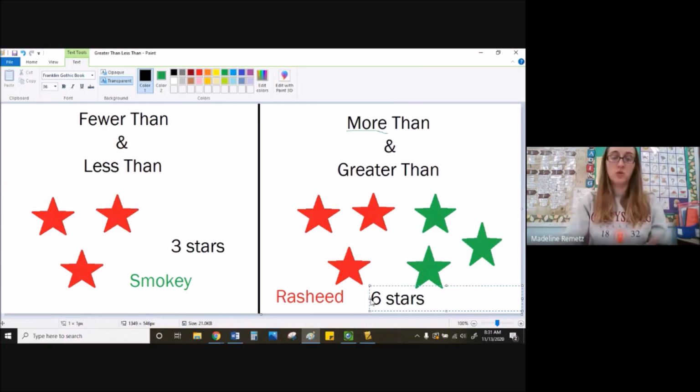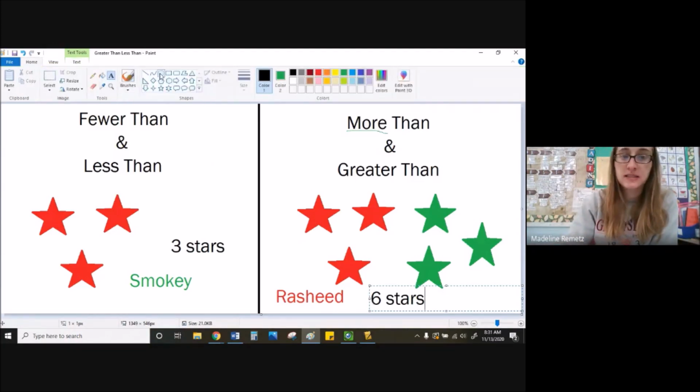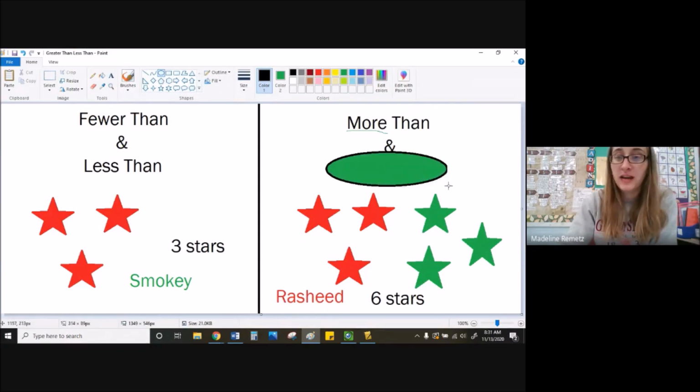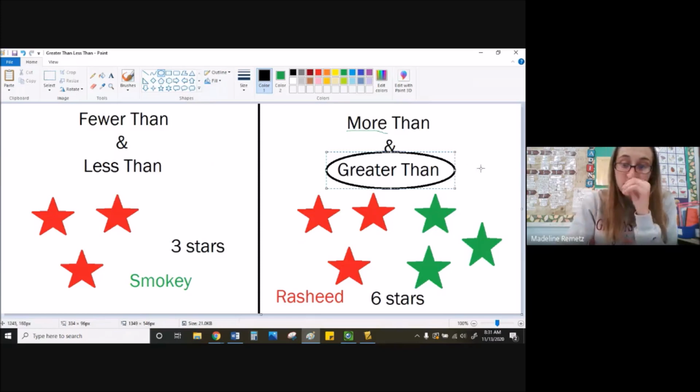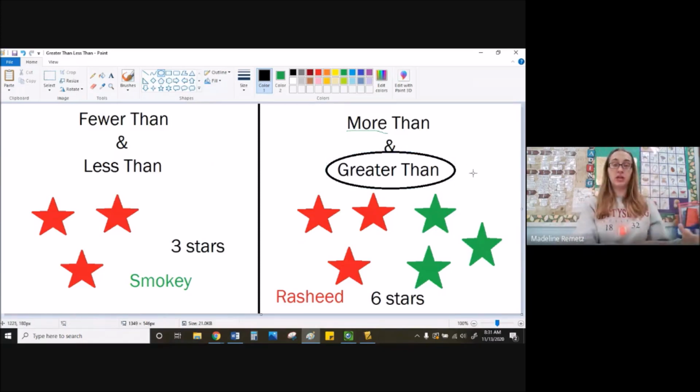Now we know that 6 is a bigger number, and that's why 6 is greater than, oops, sorry, did not mean to fill that one in. There we go. 6 is greater than 3, which is what Smokey has. So Rashid's number of stars is greater than Smokey's number, right? 6 is bigger than 3.